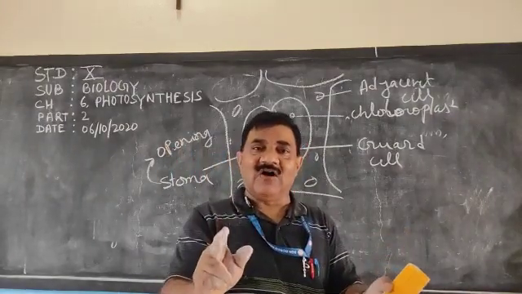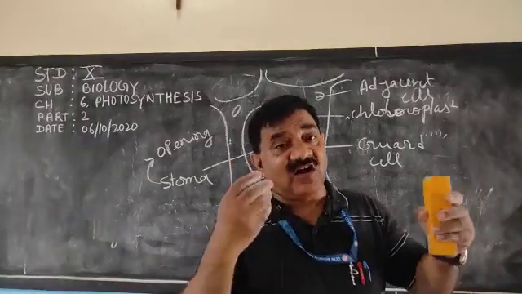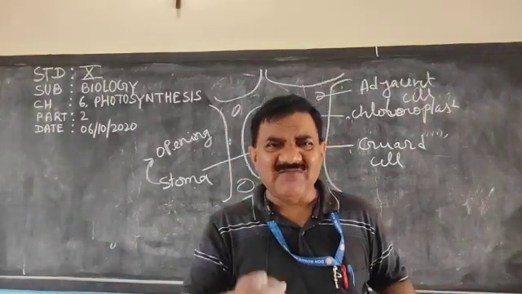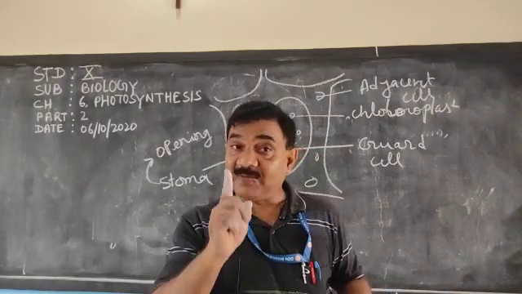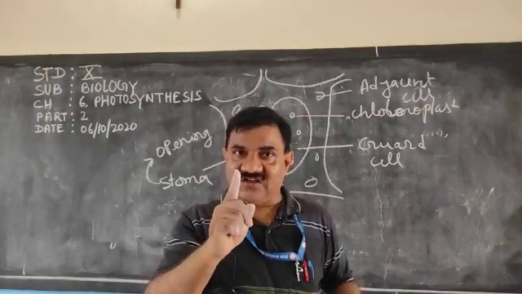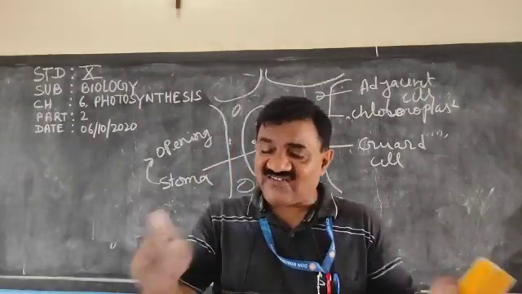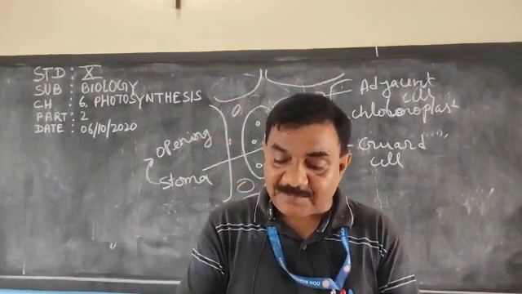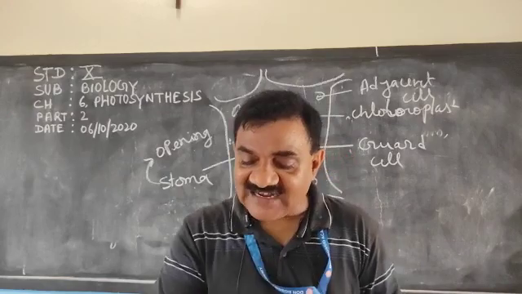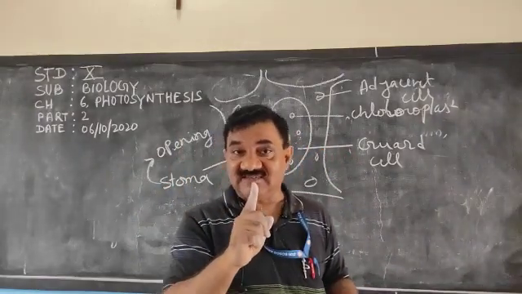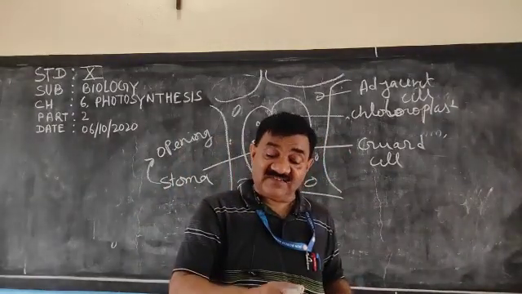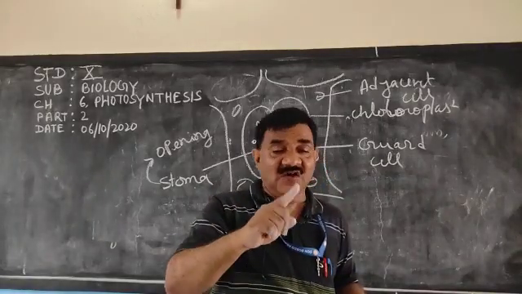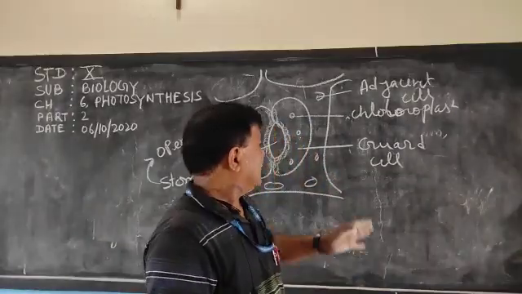Carbon dioxide will go out and the water vapor will also go out. By which process? That process is transpiration. So one very interesting line is that transpiration is the price which the plant pays for photosynthesis.